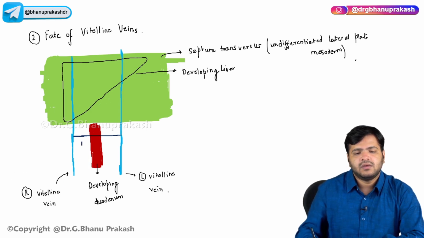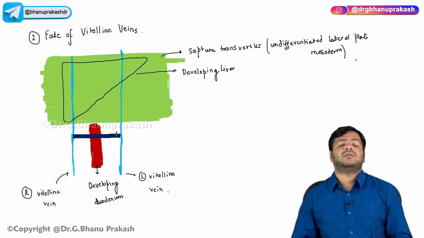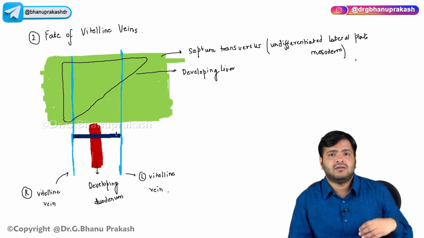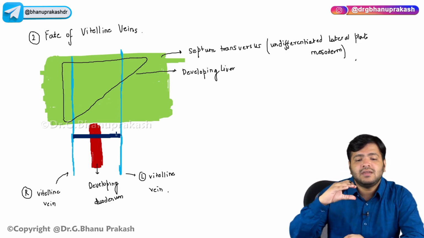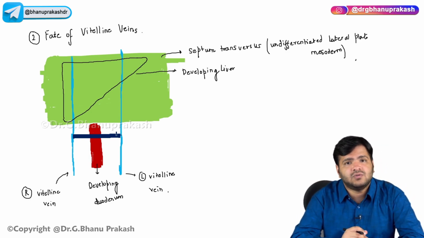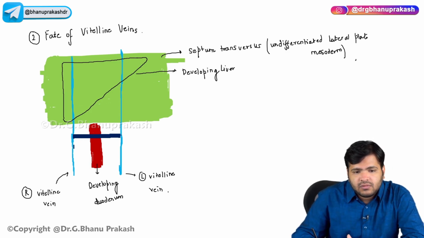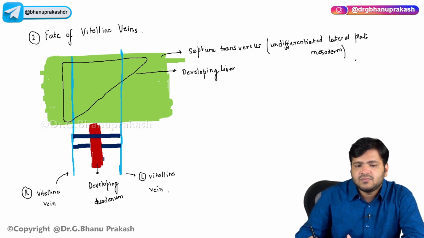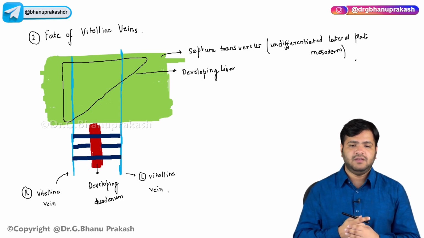This is the superior transverse anastomosis between the right and the left vitelline vein. It is in front of the duodenum, ventral to the duodenum. We have the middle anastomosis behind the duodenum, and again the inferior anastomosis in front of the duodenum.